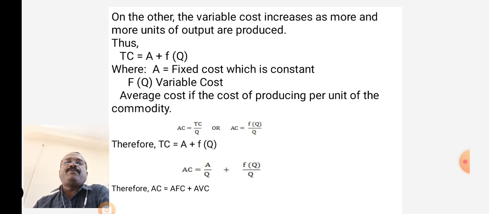This is how we derive the function AC equals A divided by Q plus f of Q divided by Q. So when we divide this, we get the average cost, that is, average fixed cost plus average variable cost.